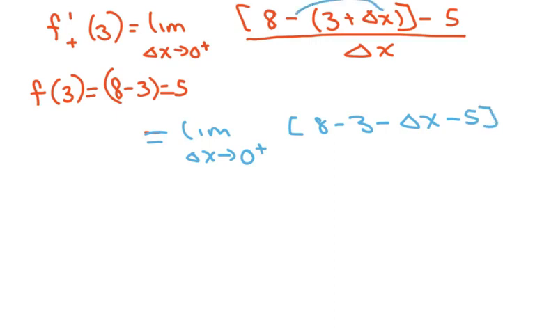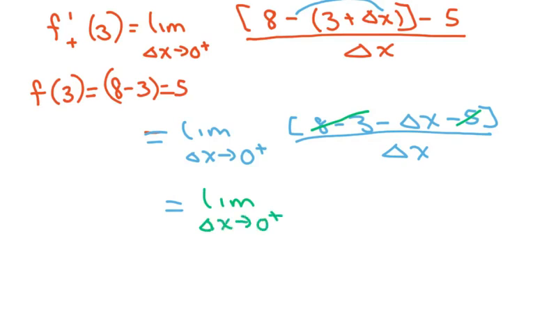Don't forget to distribute the negative over delta x. Okay, what happens here is these two cancel out, so we're going to get the limit as delta x approaches 0 from the right of negative delta x over delta x, that equals negative 1.